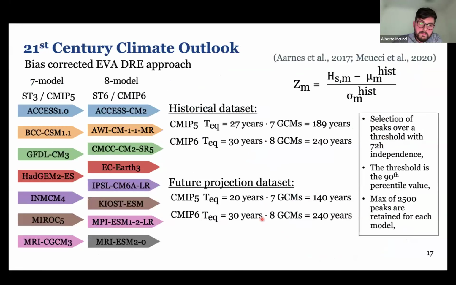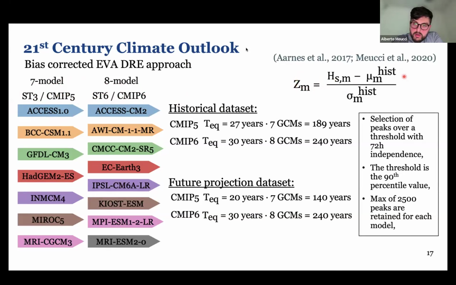And ultimately, what I did here was have a look at the previous 7-model ensemble that was produced at CSIRO, that was used here in Australia and also around the world, which was an ST3 run with CMIP5-derived data. So it's a bit old. It was from 2016. We've updated it to an ST6 run with an 8-model ensemble. Then we ran our analysis, our pooling approach for extreme value analysis, to find the 100-year return period.